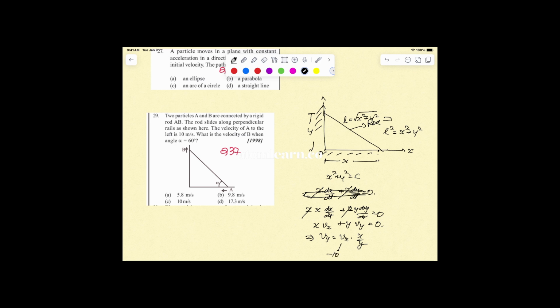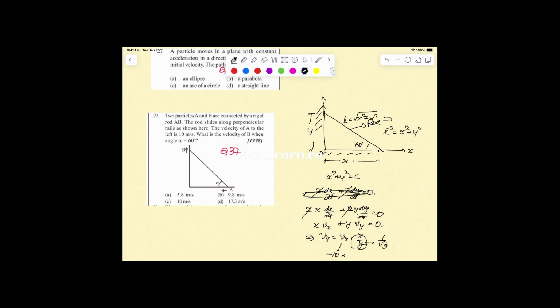Towards the negative x direction, minus 10 into x by y. This angle is given as 60 degrees. Therefore x by y is cot 60, which is 1 by root 3. Therefore Vy is minus 10 by root 3.